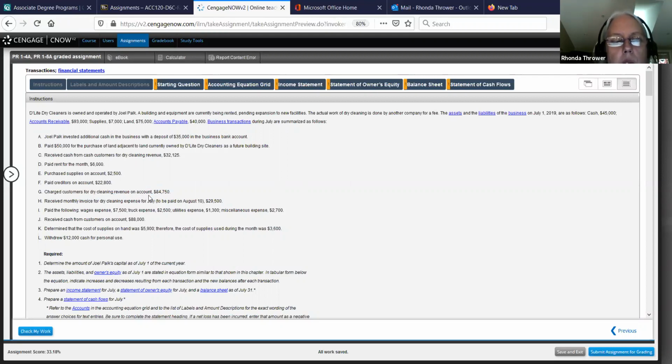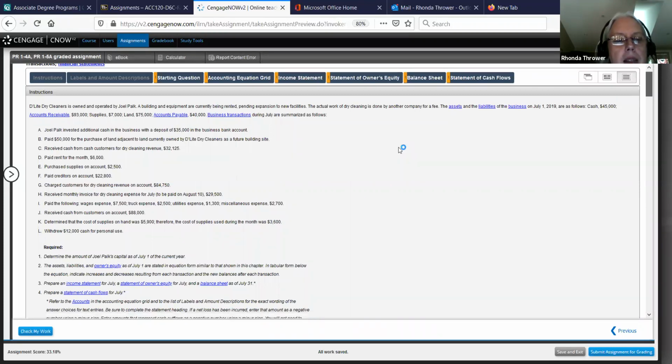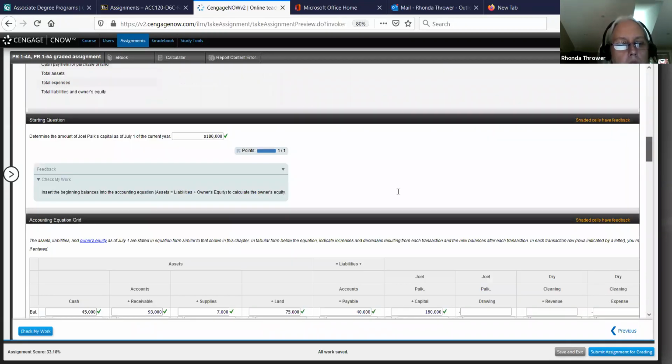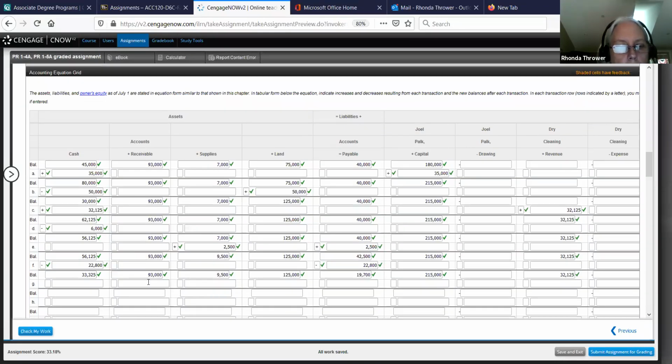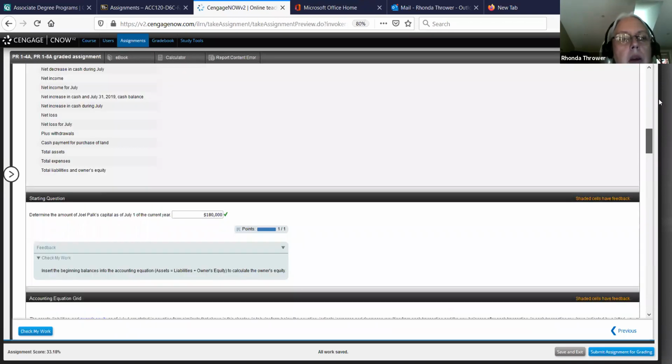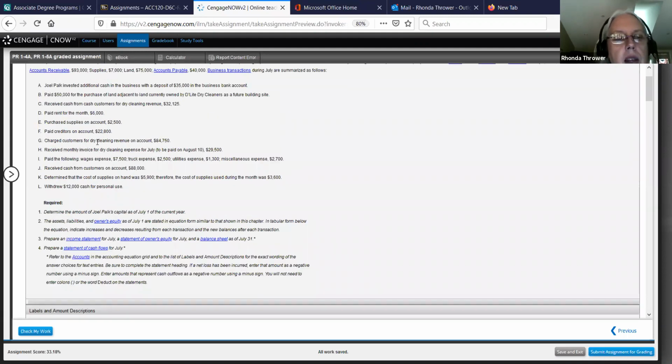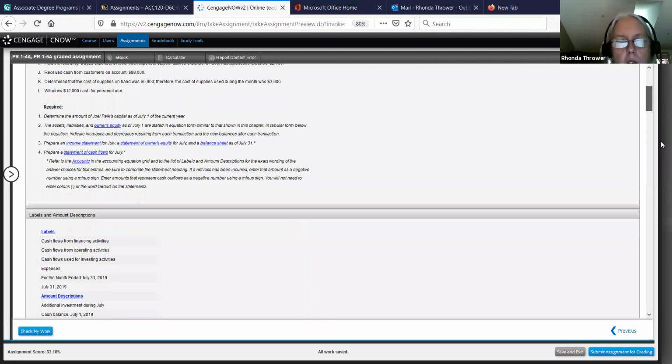So my accounts receivable, which is an asset, is going to be increasing by the amount of revenue, which was $84,750. So I'm going to go to my accounts receivable. I'm going to put in that my assets have increased by the amount that I charged to that customer, or the amount that I billed that customer, if you want to think of it like that. I would have to send them a bill for the revenue of $84,750.